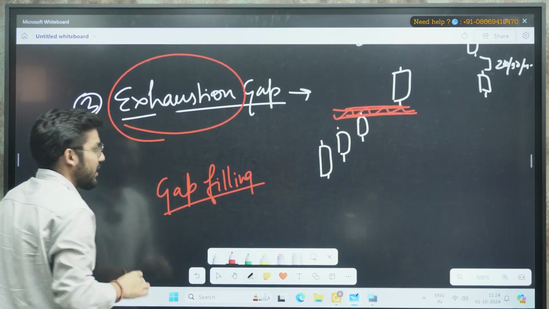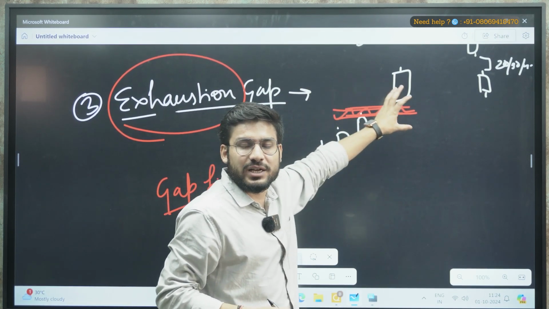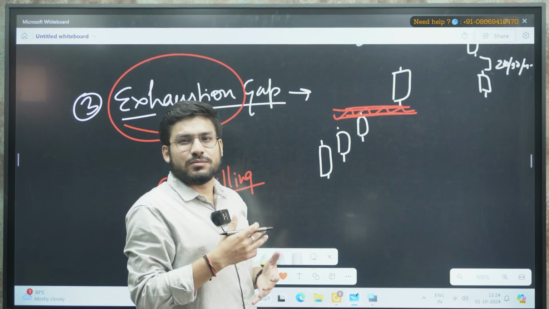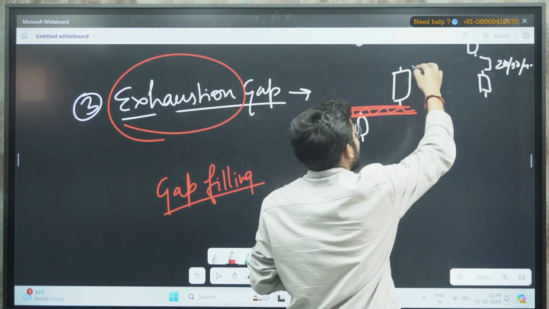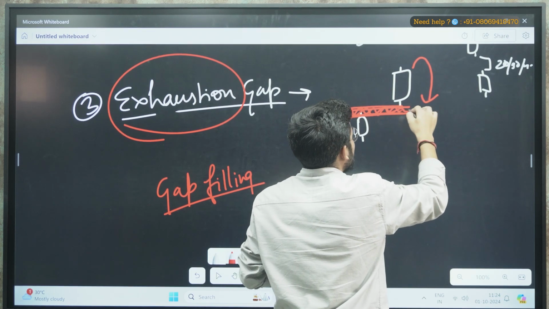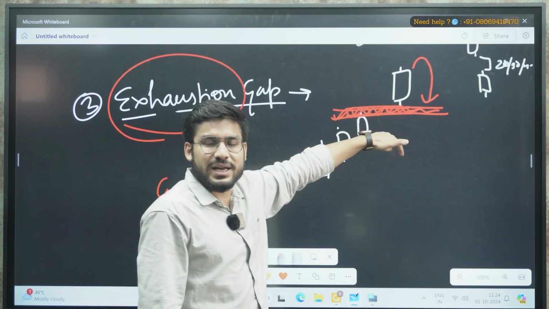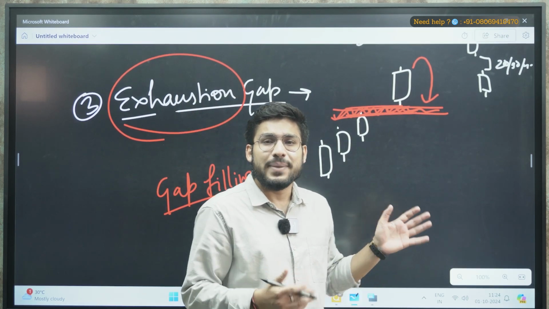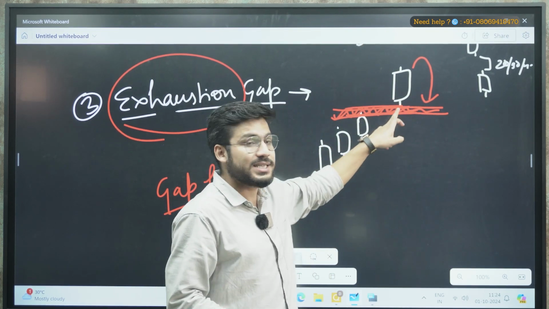This is the market where there was no activity, or where there could be somebody who is interested. So the market will always retrace back and come to this level where there was a gap. It can happen on the very same day, it can happen after 1 day, 2 days, 3 days, but generally the market comes back to retrace this gap.